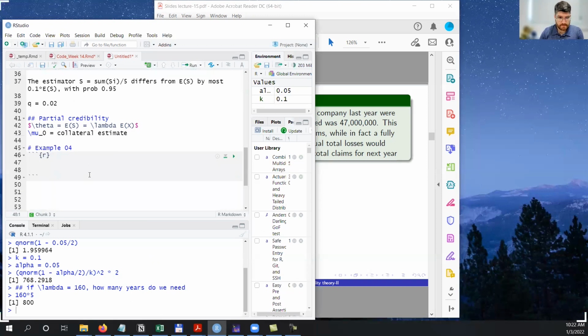So we have the observed claims. They are 12,000. We have the required claims. They are 18,500.